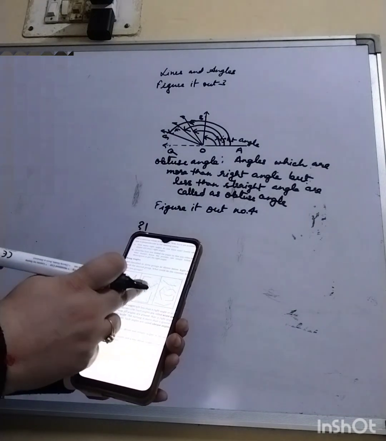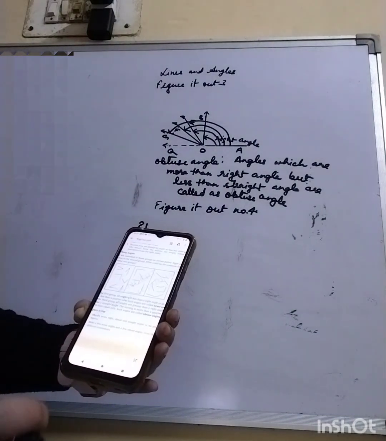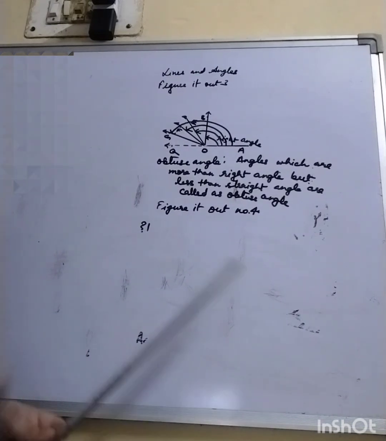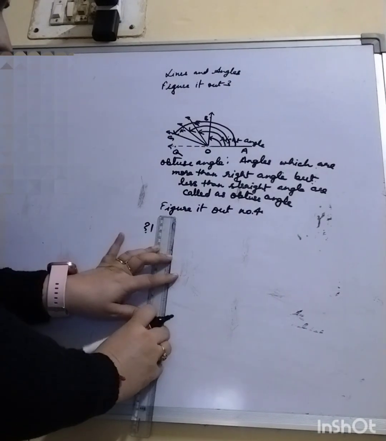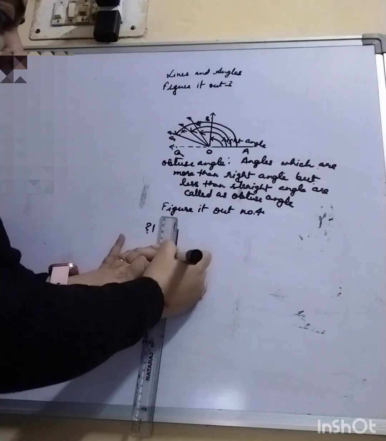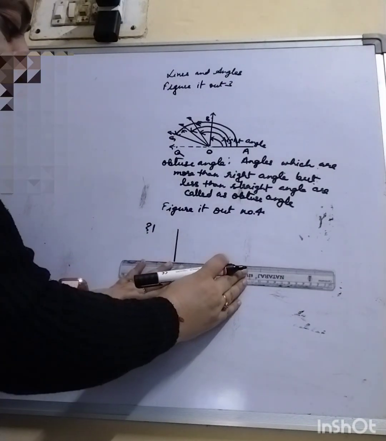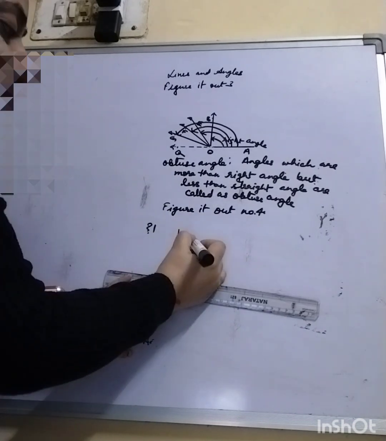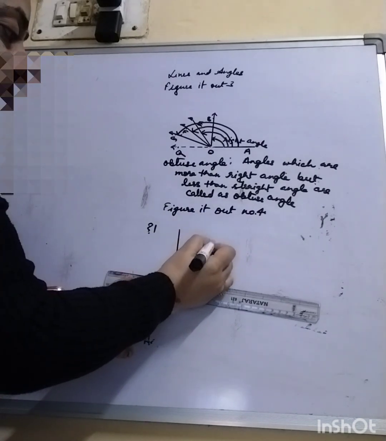So there are 3 boxes given in this case. So how would you identify these angles? So obviously, if the angle shape is L, then it is a right angle.